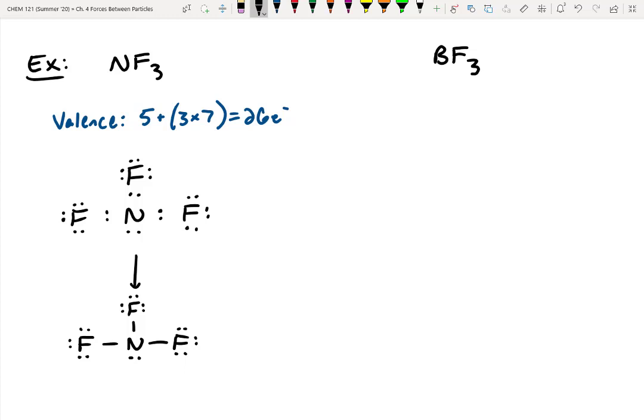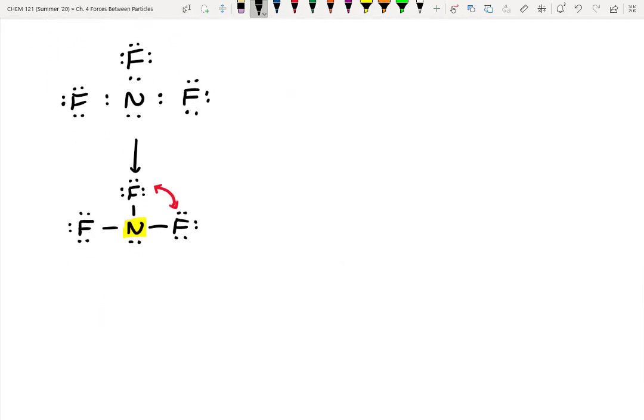Because we said that this isn't exactly right. It's not going to be 90 degrees away from one another. If we think about this central nitrogen, it's got a lone pair and 3 bonded atoms around it. So 4 things around that central nitrogen. It would want to orient itself into a tetrahedron.